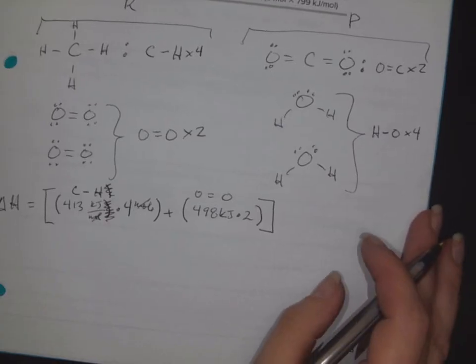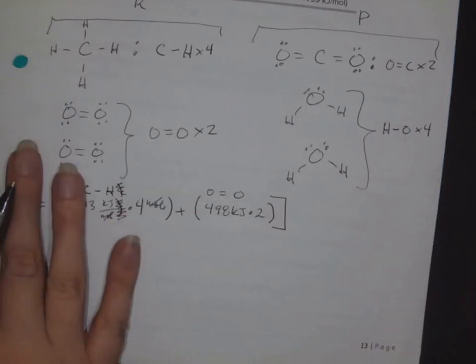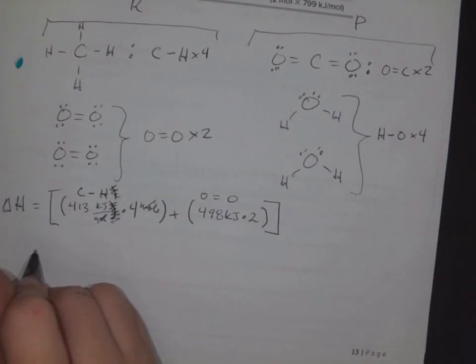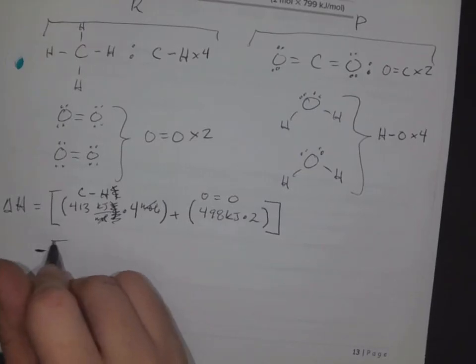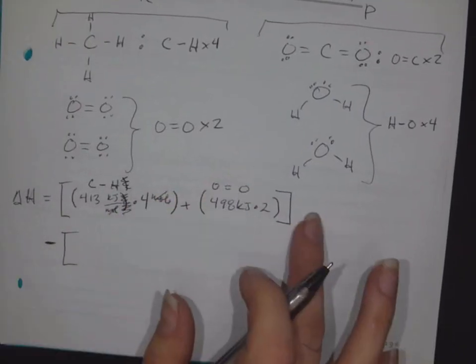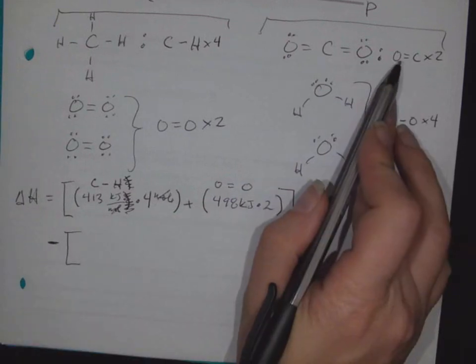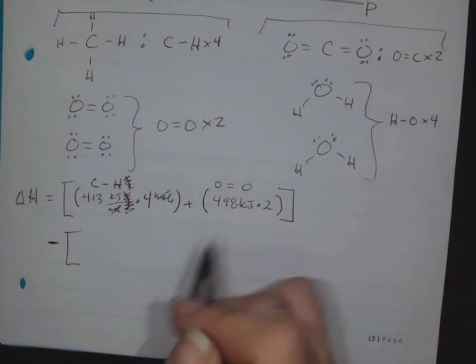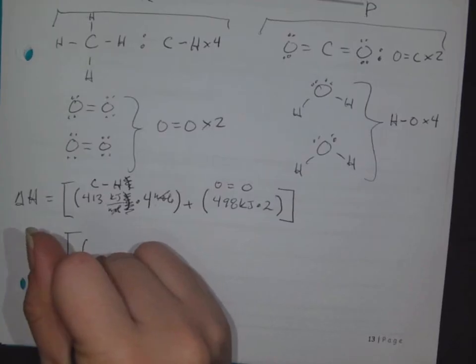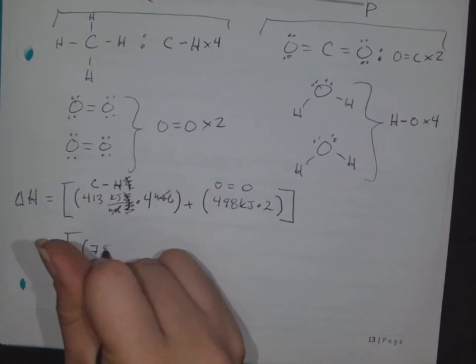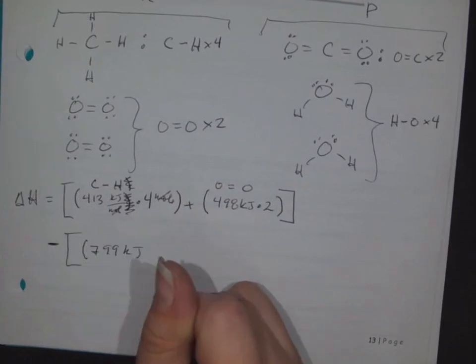So I'm going to subtract this whole thing. If I had written it smaller, I probably would write it right there, but we have a carbon double bonded to an oxygen. And I look up at that table up above and it says 799 kilojoules per mole.